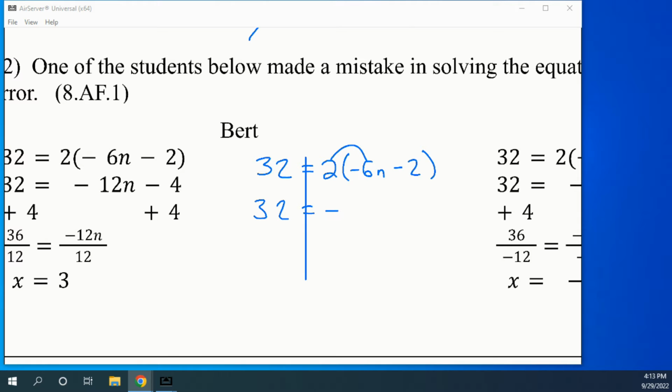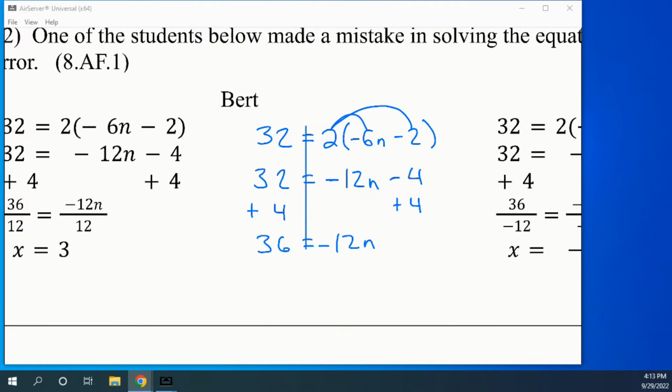So 2 times negative 6n is negative 12n. 2 times negative 2 is negative 4. There's no like terms to combine, so I'm going to add 4 to both sides, which will get me 36 equals negative 12n. Divide both sides by negative 12 to get negative 3 equals n.